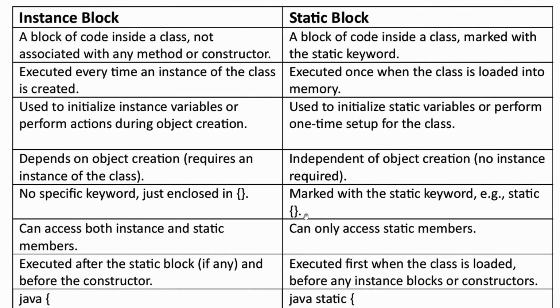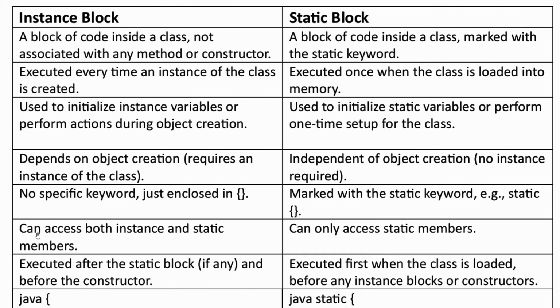But if we use static and then curly braces and write the logic inside that block, then that block is called a static block. The static keyword is used to create the static block and the instance block does not have any keyword.